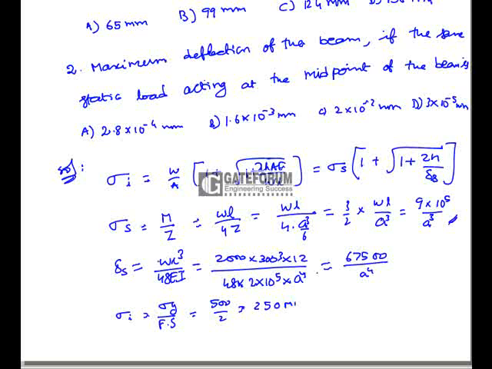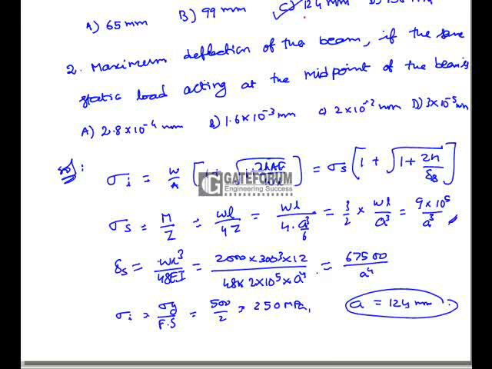Substituting all these values in the impact stress equation, sigma I equals sigma S into 1 plus root of 1 plus 2H by delta S, and solving, we get the value of A as 124 mm. So this is the side of the cross section of the beam. In the given options, the right option is C.